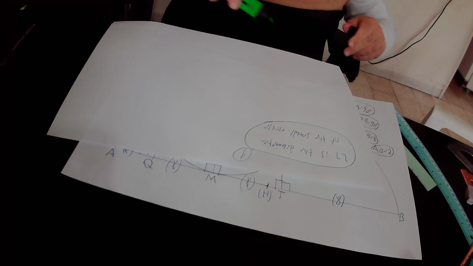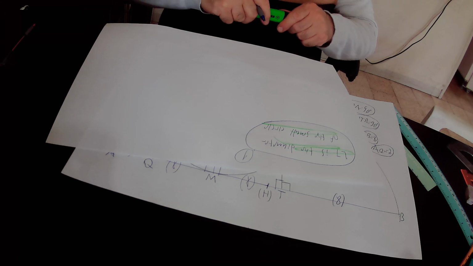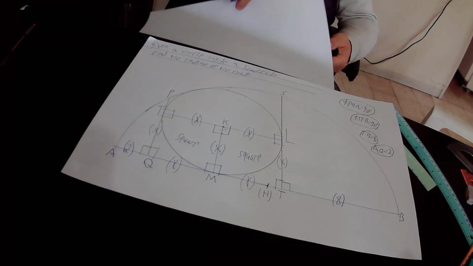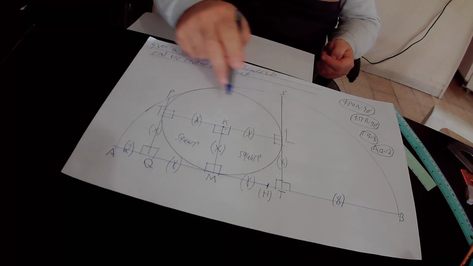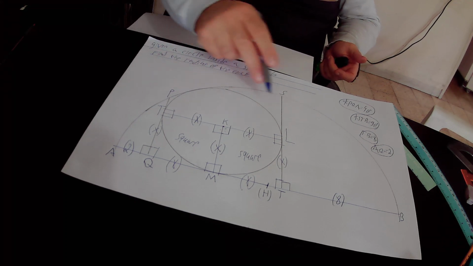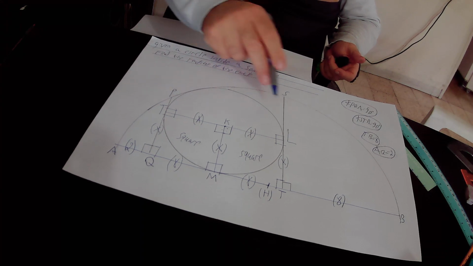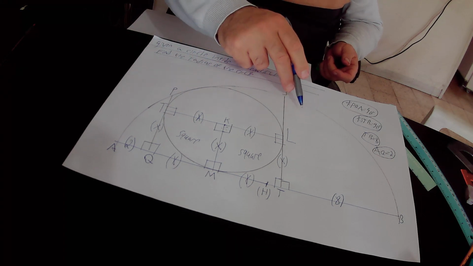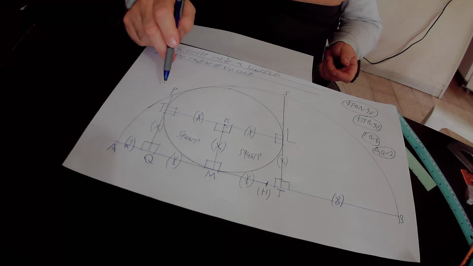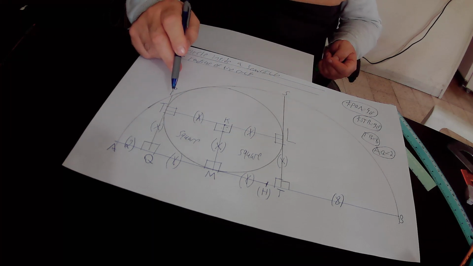LT is the diameter of the small circle. Anyway, LT, of course, is a straight line. And because LT is a straight line, it means that shape TL, TQ is a quadrangle.